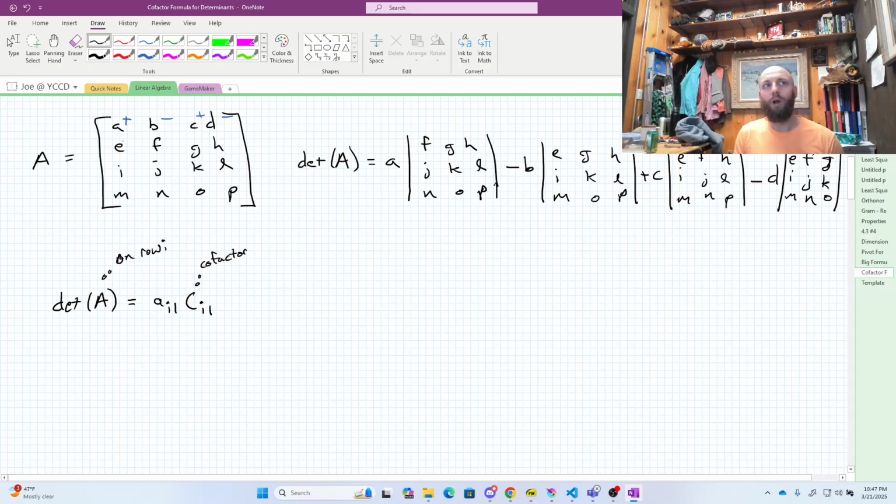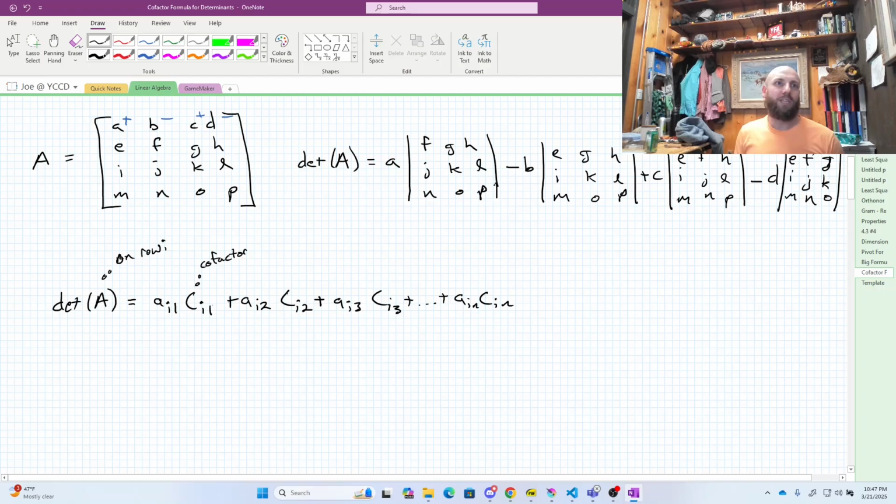Right, so I just picked a row. You could pick a column too, it works just as well. So I've got a_i1 cofactor C_i1. Then I'm adding a_i2 C_i2. Then I'm adding a_i3 C_i3. And we're going to keep adding until we get to the end where we've got a_in C_in.